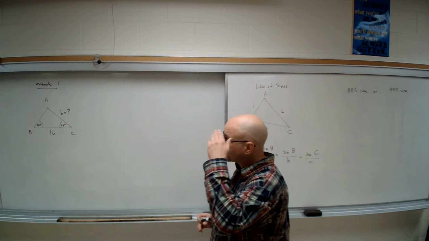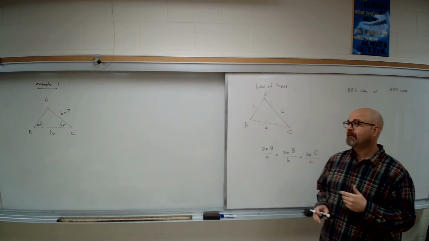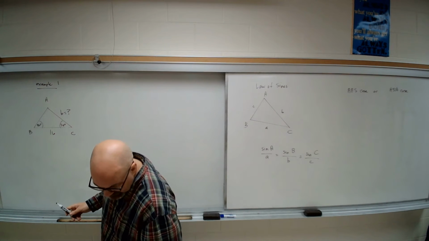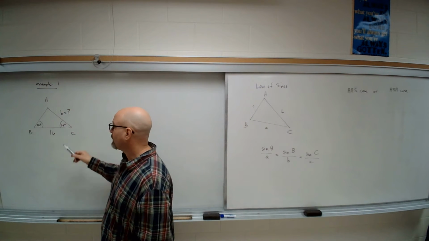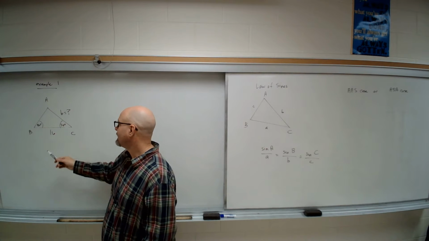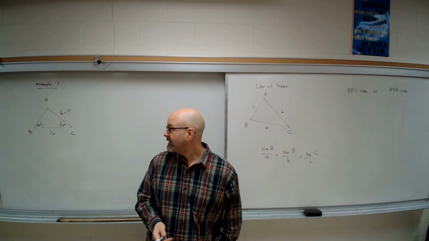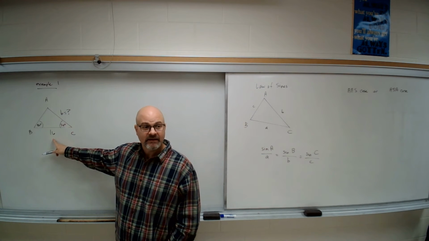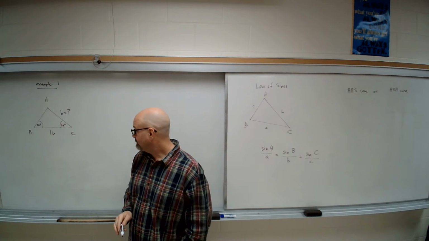For our first example, we're given the following information in this triangle ABC. Angle B is 80 degrees, angle C is 34 degrees, and we know this side length. We would call this side A, because it's opposite angle A, and it has a length of 16.